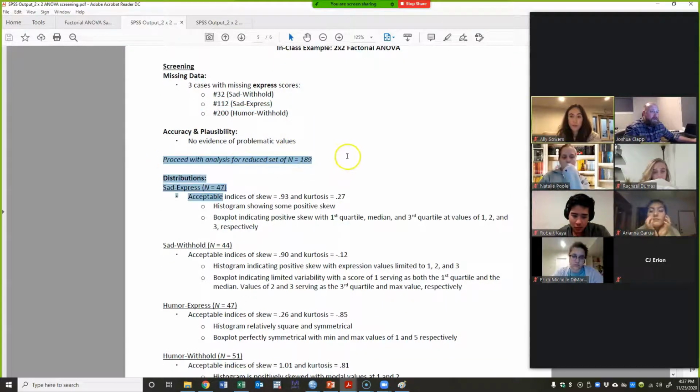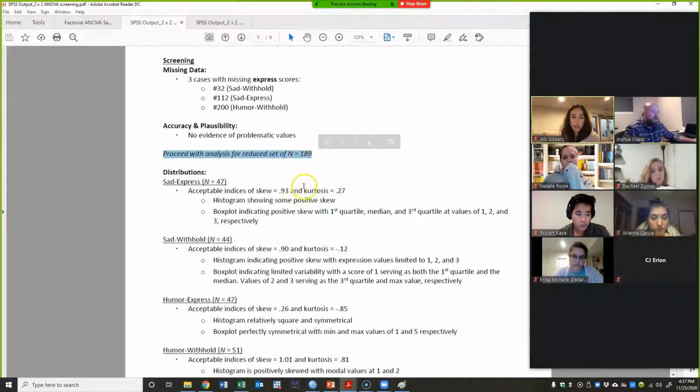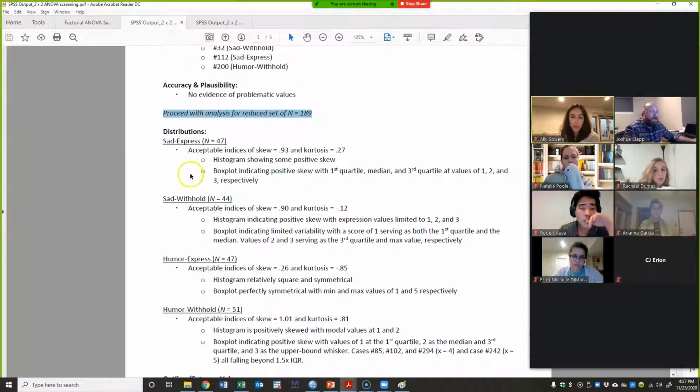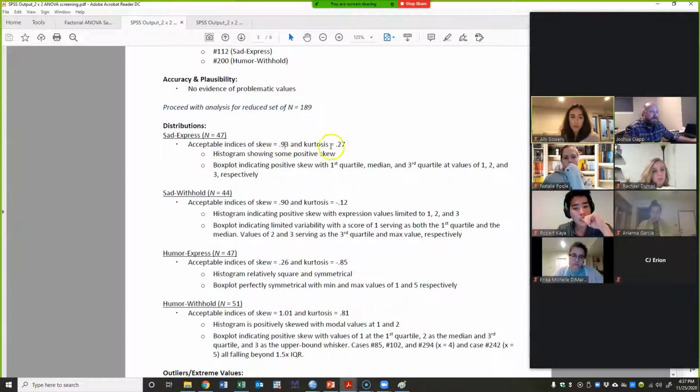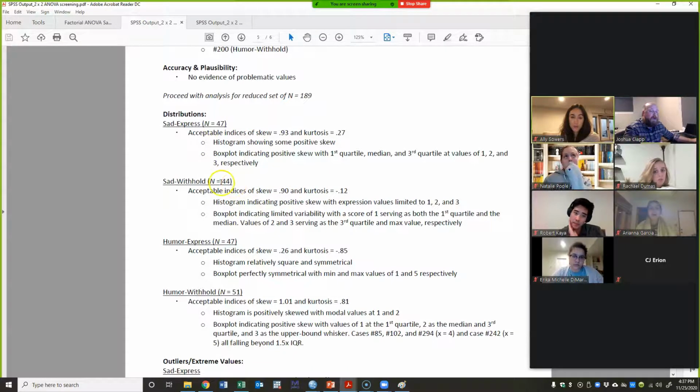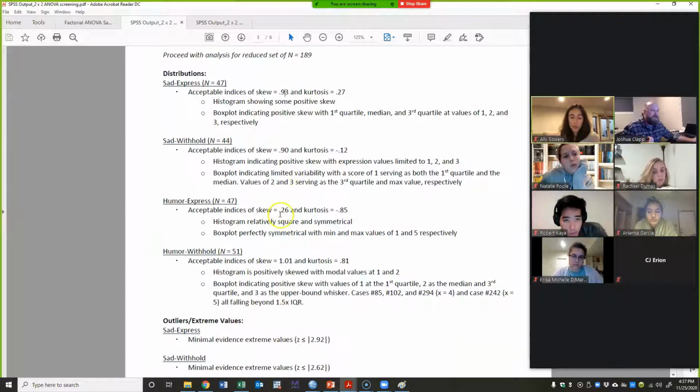We're going to get rid of those 3 folks and proceed with our remaining people. Here we're looking at our distributions. We're giving numbers for our skew and our kurtosis, describing what's going on with our histograms and our box plots, making sure that we're including our sample sizes. Again, the idea is that this is a report that I could run down through and get a good sense for what's going on with the data.